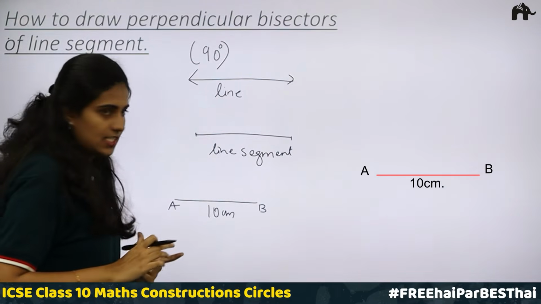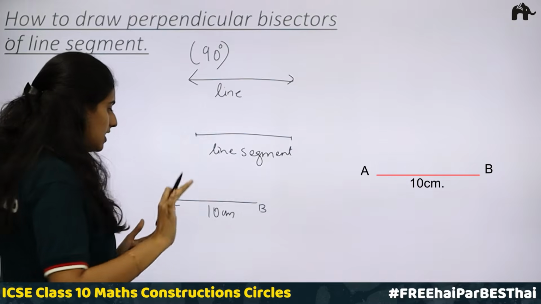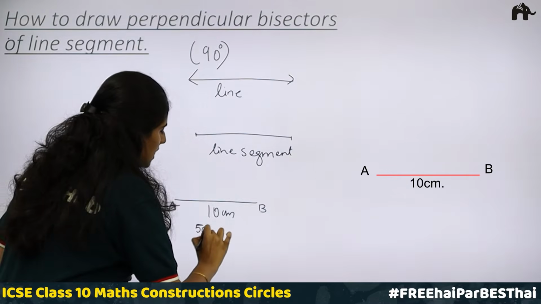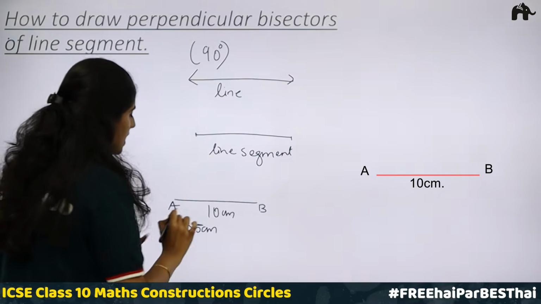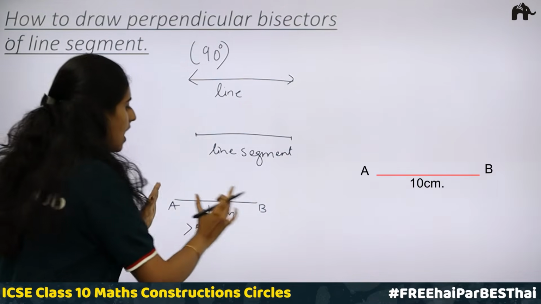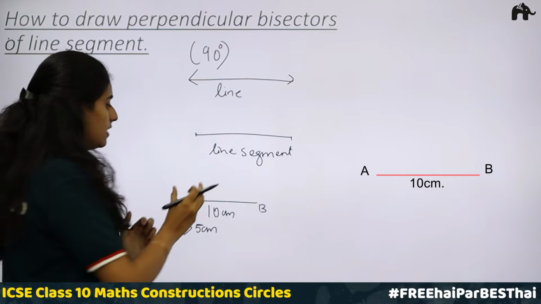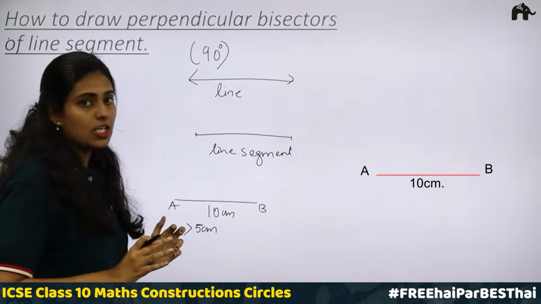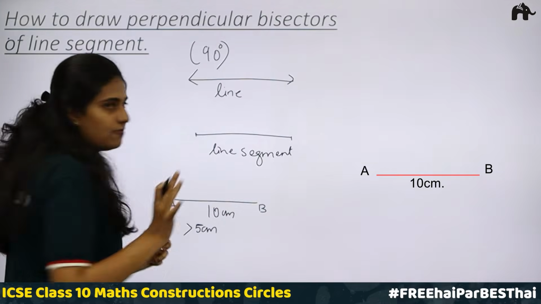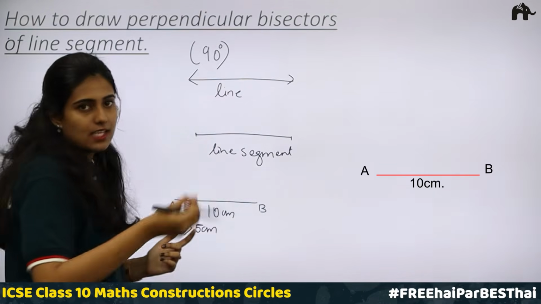If AB is 10 centimeter, you have to take a radius greater than 5 centimeter, that is half of AB. If AB is 10 centimeter, half of AB is 5 centimeter. We have to take any measure that is greater than 5 centimeter. We can take 6, 7, anything.